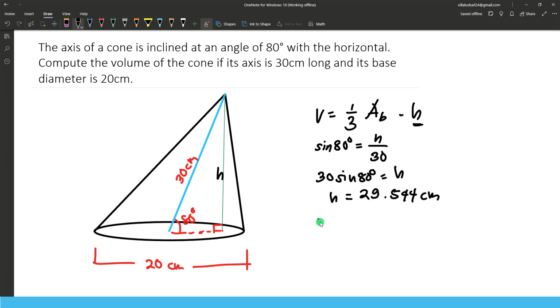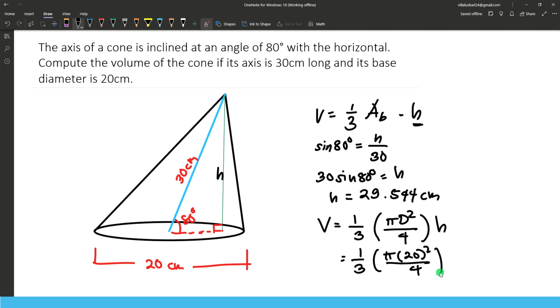So we can now compute the volume of the cone, where the area of the base is the area of a circle given the diameter. So pi d squared over 4 times h. Substitute diameter, pi times 20 squared over 4, and h is 29.544.